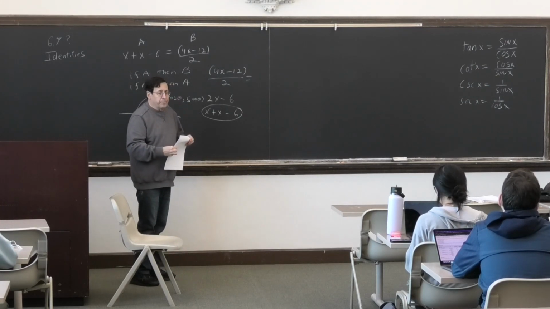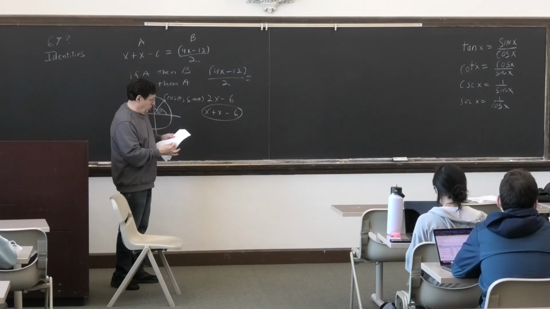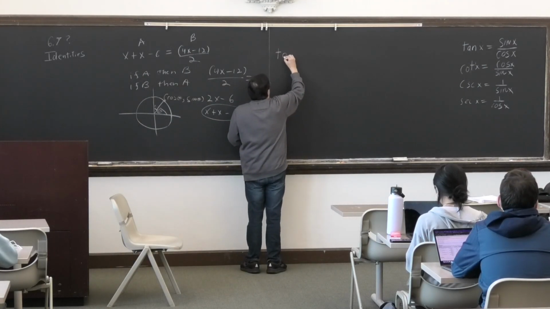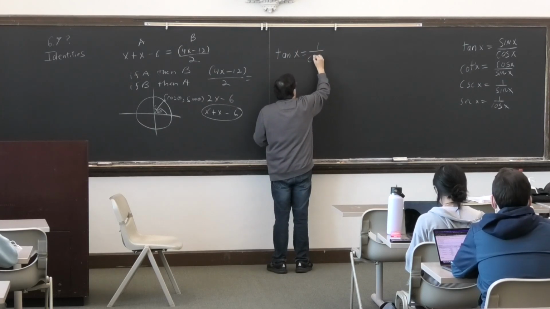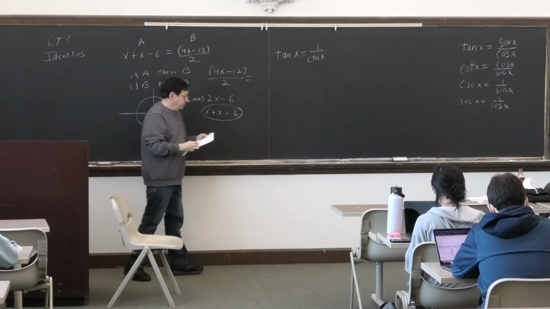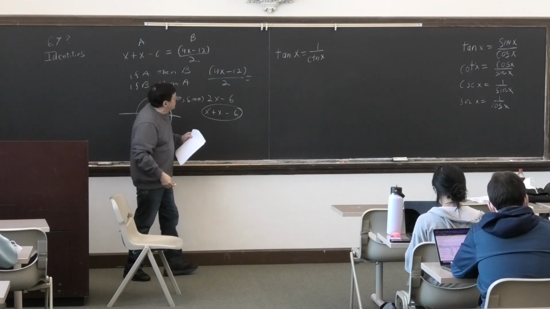So I'm going to do an overly simplistic verification of an identity. Let's show that the tangent of x is equal to 1 over the cotangent of x. So the steps would look like this.